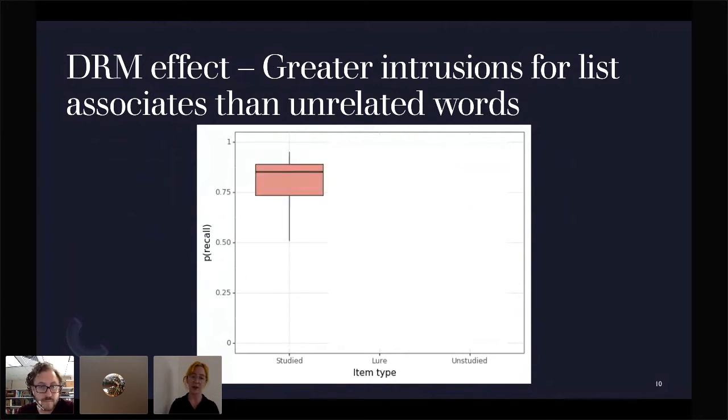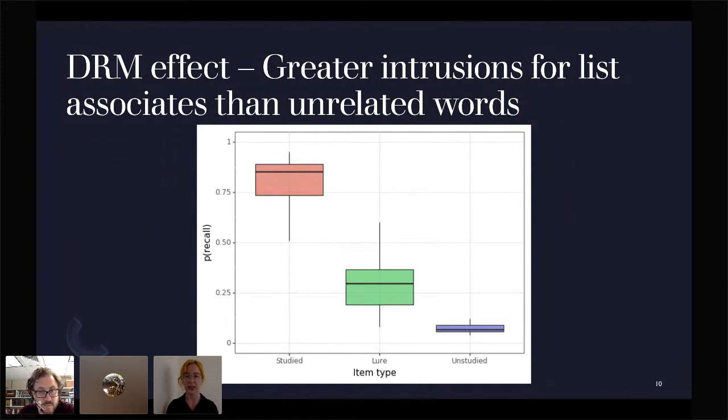If we compare memory for words that people actually did study from that list, performance is relatively high, and they make some intrusions, like anyone does on a memory task. But importantly, the model correctly captures that semantically related words that are cued by a given list are actually more likely to be intruded than other unrelated words.